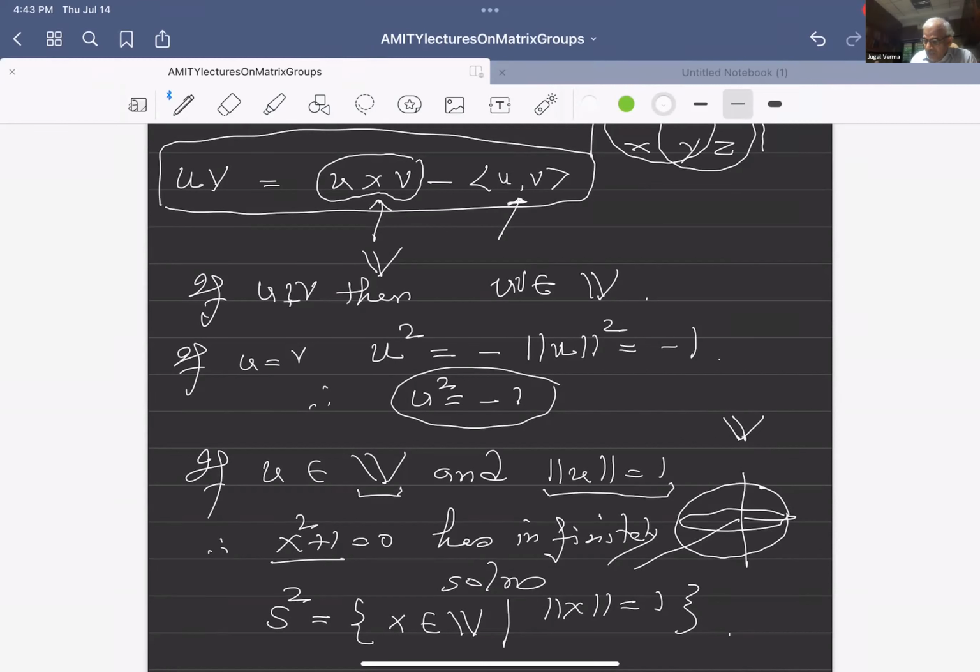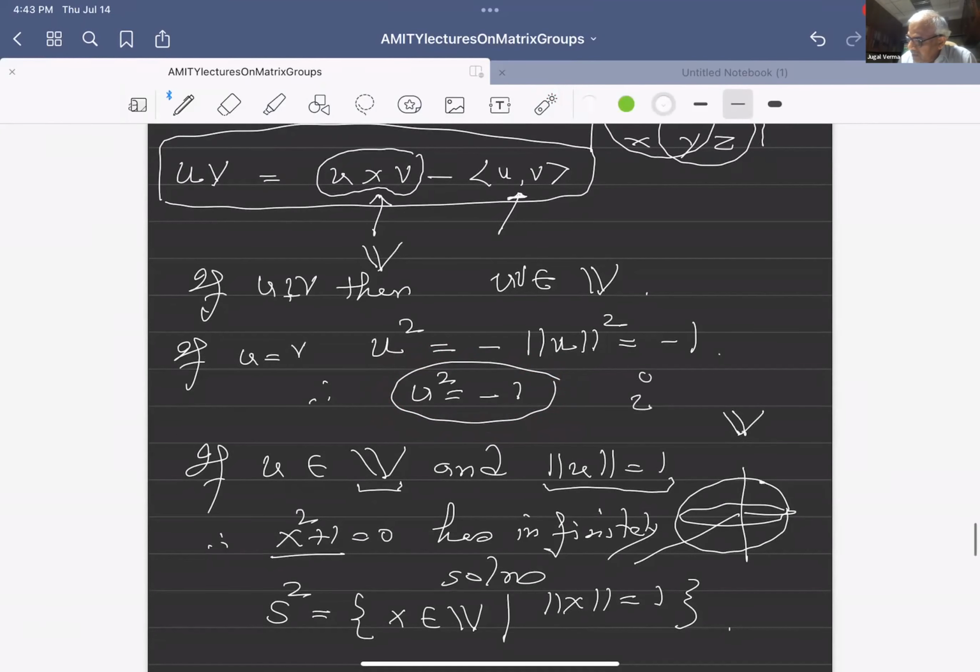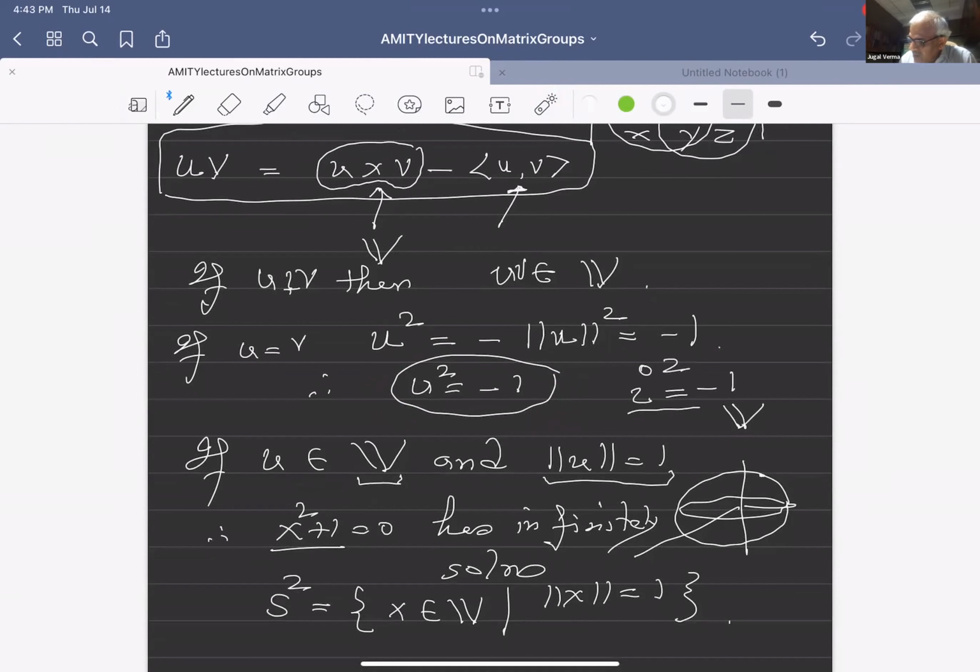These are purely imaginary quaternions of unit length, and these all satisfy the equation x square plus 1 equal to 0. So this quantity U is the analog of i. i square is also minus 1, right? If i is that complex number, i square is minus 1. But when you look at the same equation inside the space of purely imaginary quaternions, it has infinitely many solutions.